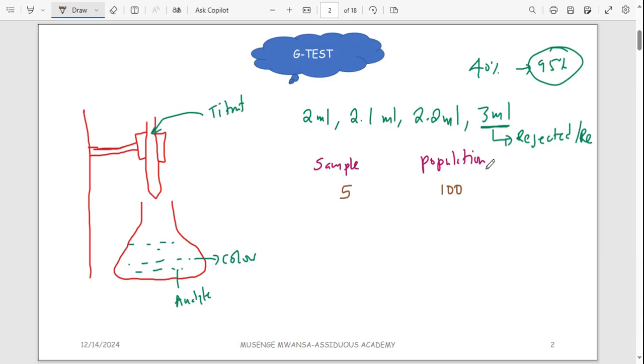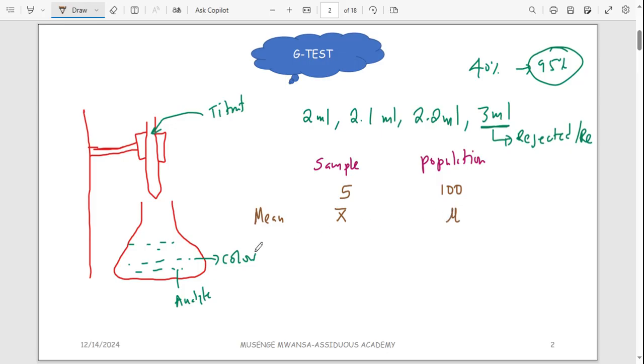So when you are dealing with samples and populations in statistics, they are going to have different representations. For example, the mean. For samples, you always use English letters. For populations, you are going to use Greek letters. So for the sample mean, you are going to use x with a bar on top. But for the population mean, you are going to use mu.